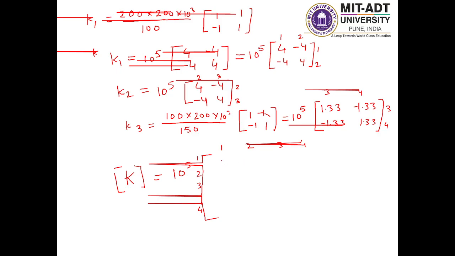So this is the 1 1 position. If you see the K1 matrix, this position is at 1 1, so I have to write this element over here, 4. Then this is at the 1 2 position, so this is -4, here -4 and 4.